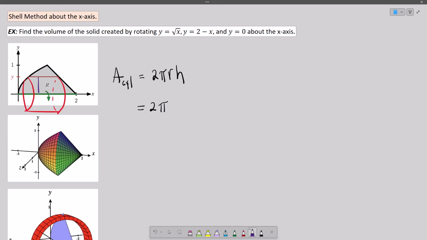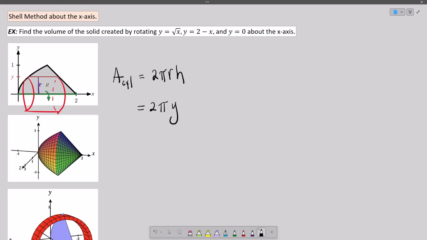That distance right there is the radius of the cylinder, right? What is that distance? Y. That's what the y on the y-axis is representing. That y right there is saying this distance to the x-axis is y. Well, that's going to be the radius of the cylinder that you create if you take that horizontal line at y and rotate it around. You're going to create a cylinder of radius y. So that is what goes here.